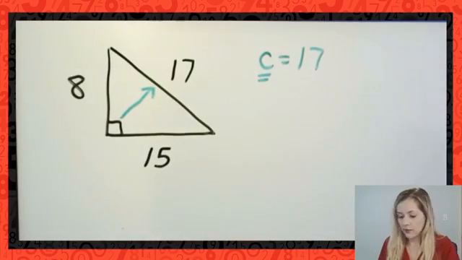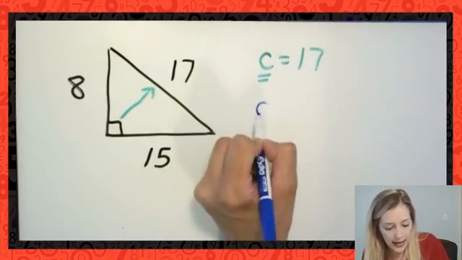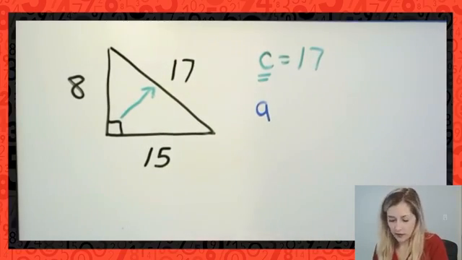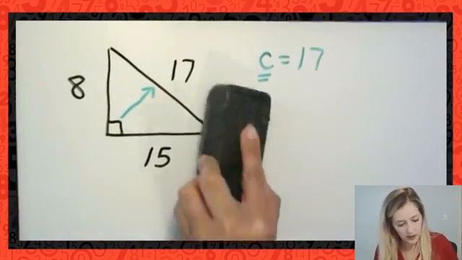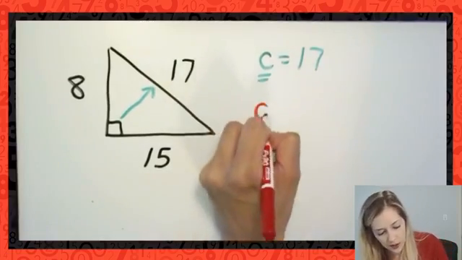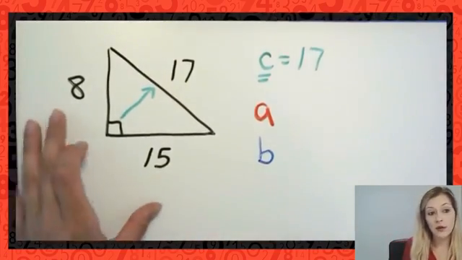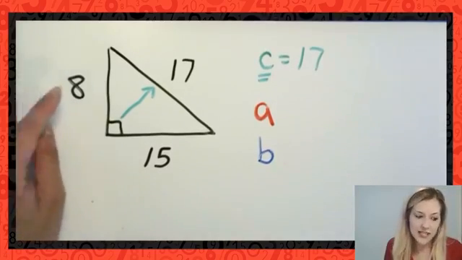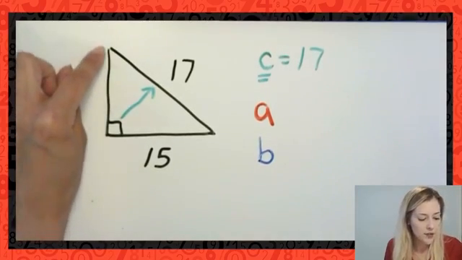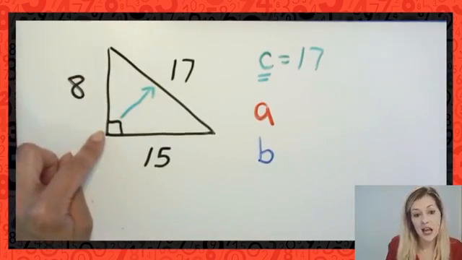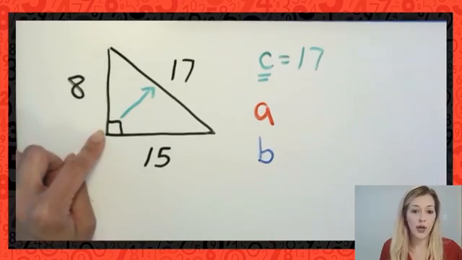Then I can look at a and b. Let me actually stick with the same colors as before. So I have a and I have b. Now these can be one or the other. We can always say that the vertical leg is always a, if that is easier for you to organize in your mind.